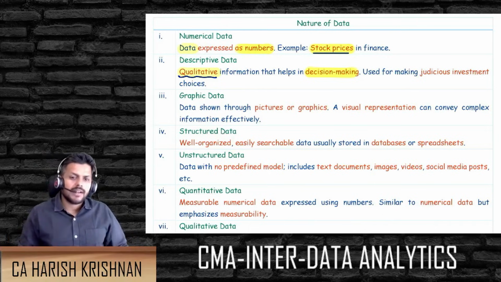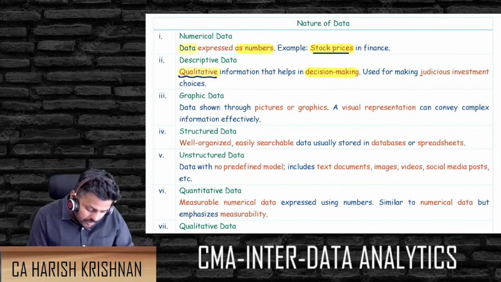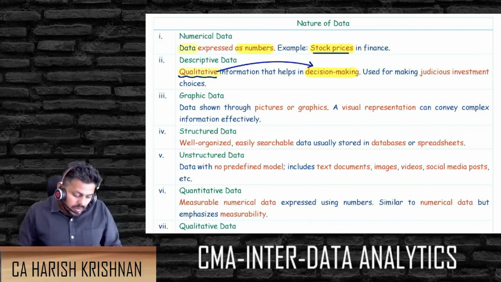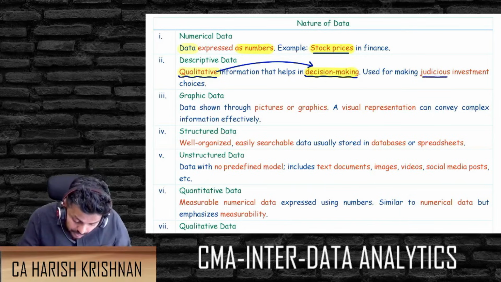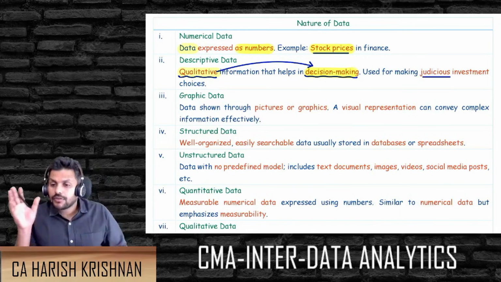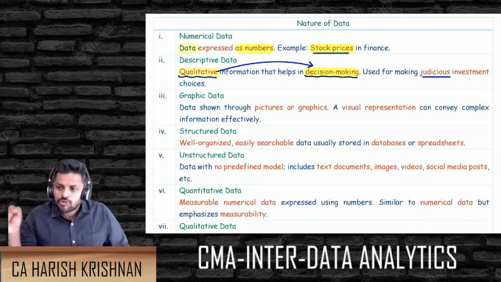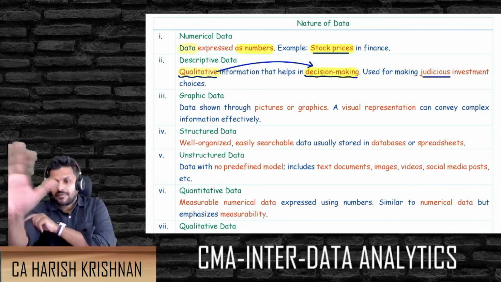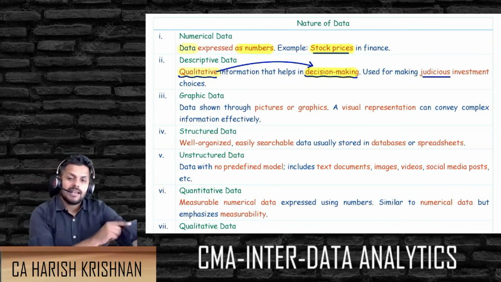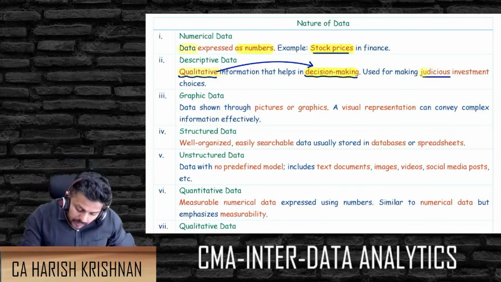If it is qualitative in nature, then qualitative information helps in decision making, and it's used for judicious, means wise, investment choices. If you're making any investment choices, or for that matter any choices, what we need, when data is given in the form of lengthy descriptions, it will be called descriptive data. So that is the first and foremost aspect, right?